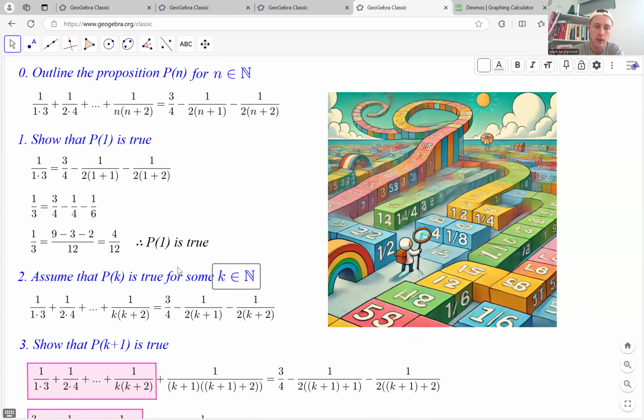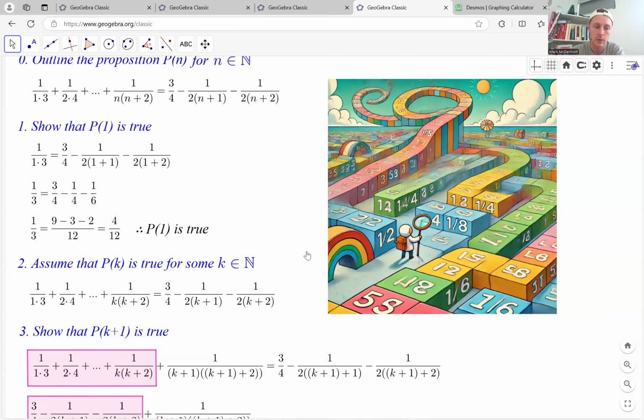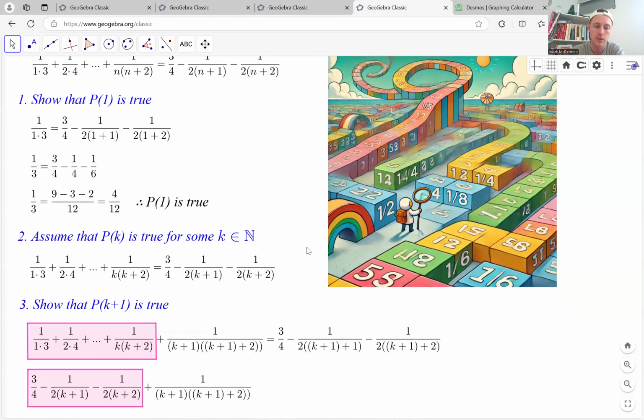So we need to show that it's true for some k element of natural numbers. Essentially we're just replacing n with k. We're saying this will also be true for some k, just taking this line and changing it to k. Then what we need to do is show that P(k+1) is true. This is just to show that we can get to the next step on the ladder.